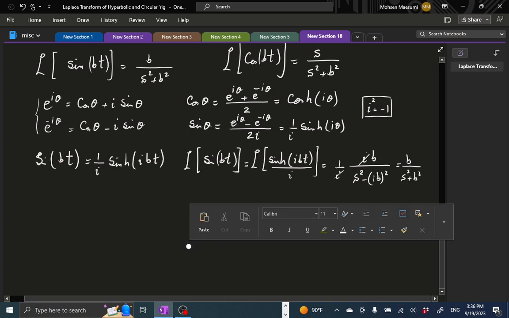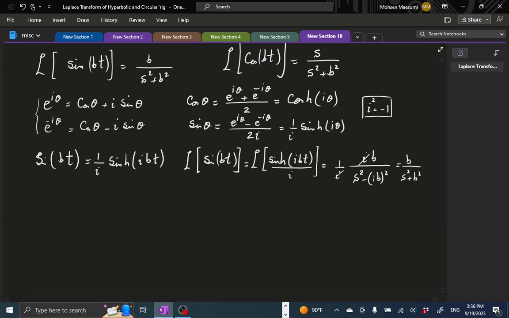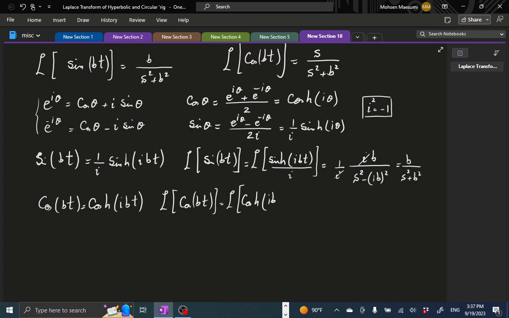So we have that. Similarly for cosine. For cosine of bt, I can replace it by cosine hyperbolic of ibt. So Laplace of cosine of bt, I might as well take Laplace of cosine hyperbolic of ibt.